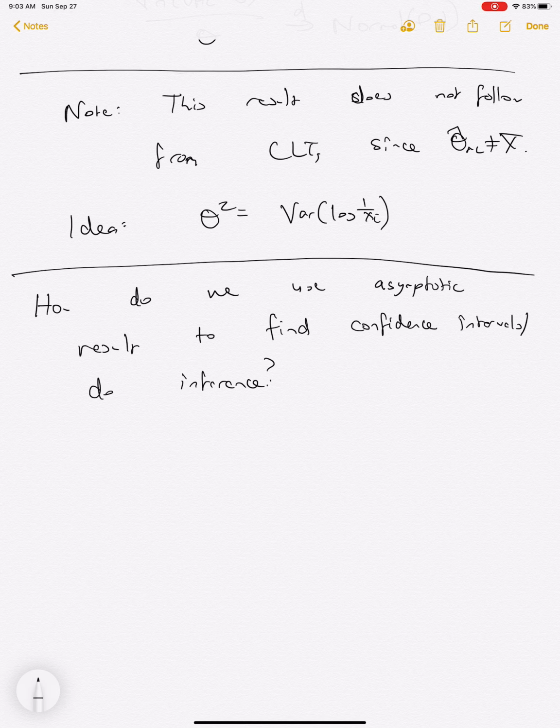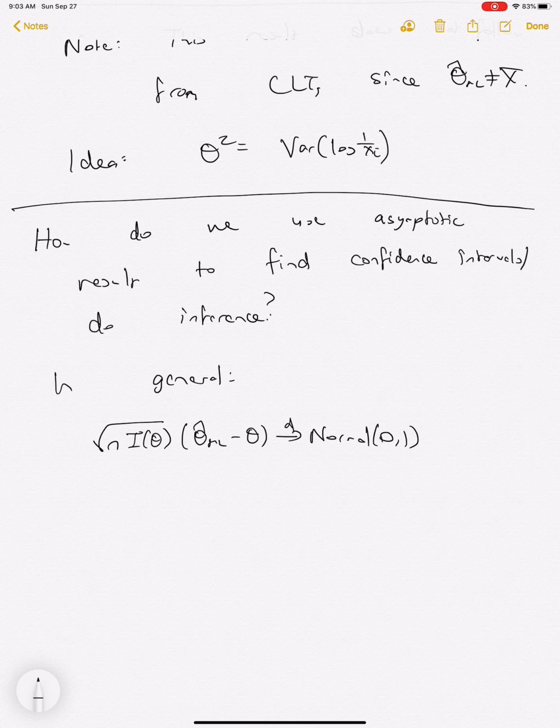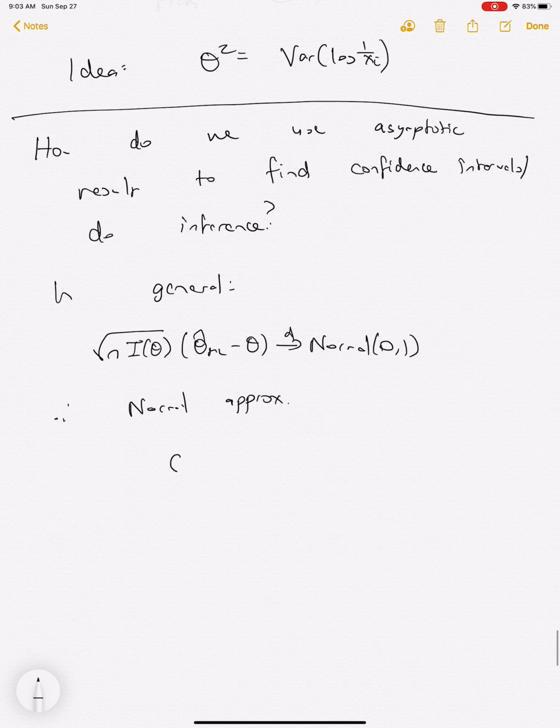So we know that this is normal 0, 1 when you have this Fisher information term, and so the normal approximation is that theta hat ml is going to be approximately normal with mean theta and a variance of 1 over n times I of theta.